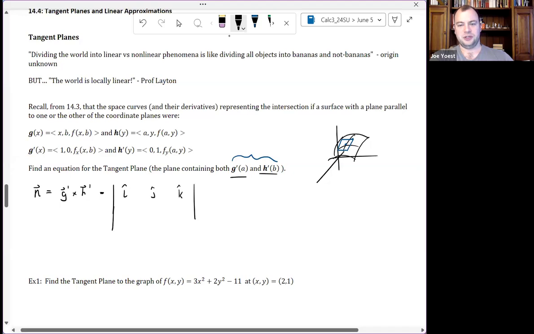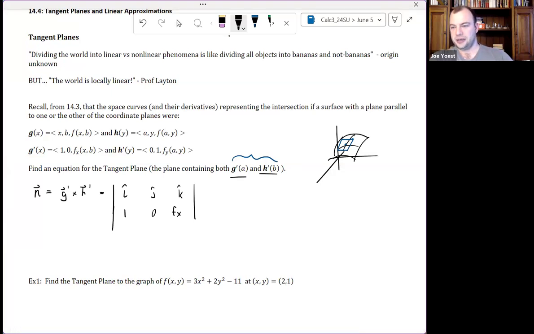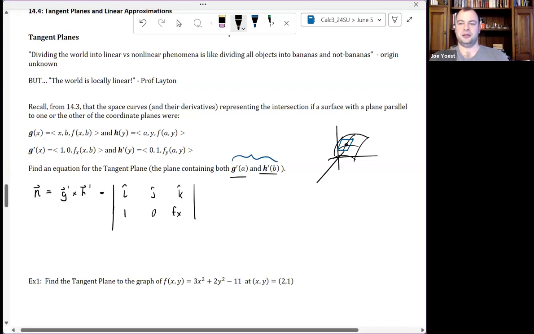And G prime is 1, 0, fx, which I'll just abbreviate this way, but this is fx at (a, b) in this case, because we're at the point of tangency here. And H prime is going to be 0, 1, fy at (a, b).